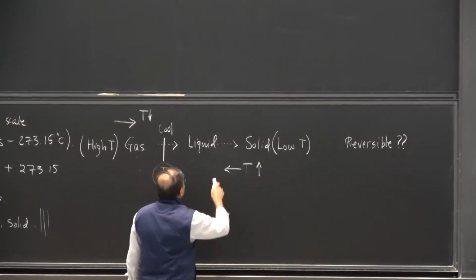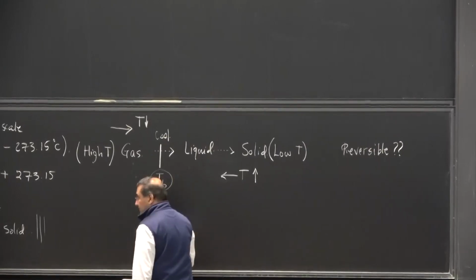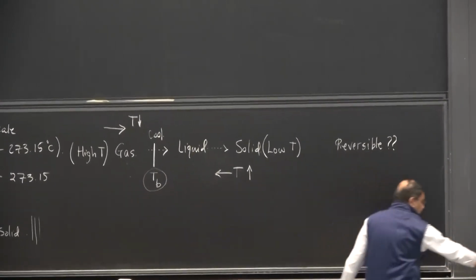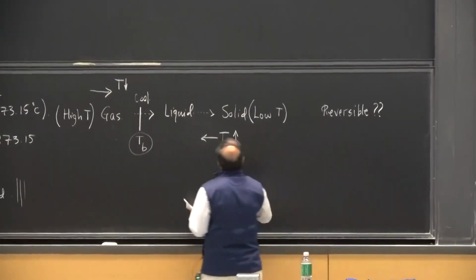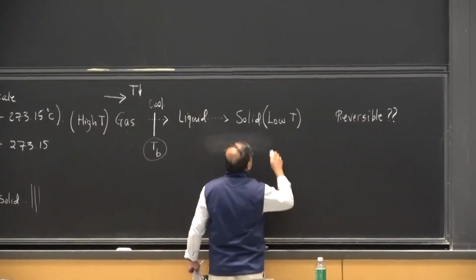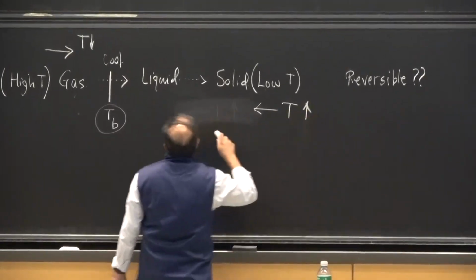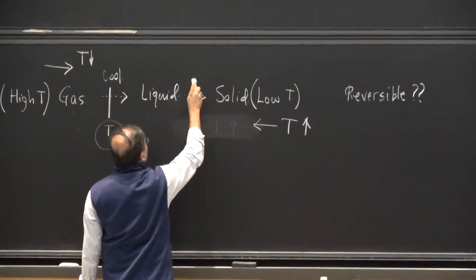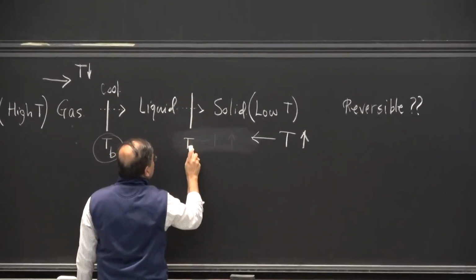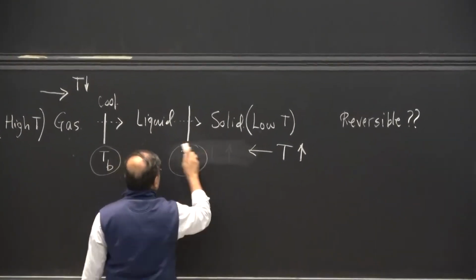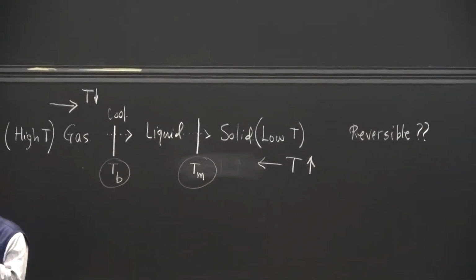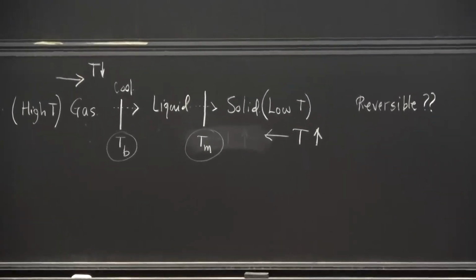And the liquid to solid, of course, let me move this around a little bit. Draw it here. This is going to be what we would call, likewise, the melting temperature, Tm. So there are two, therefore, unique temperatures where the system goes over from one state to another at the simplest level.